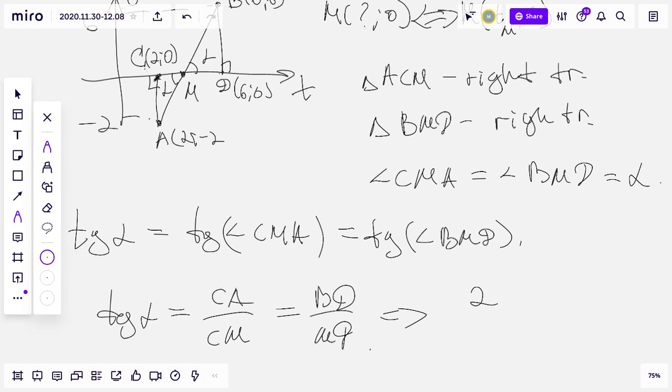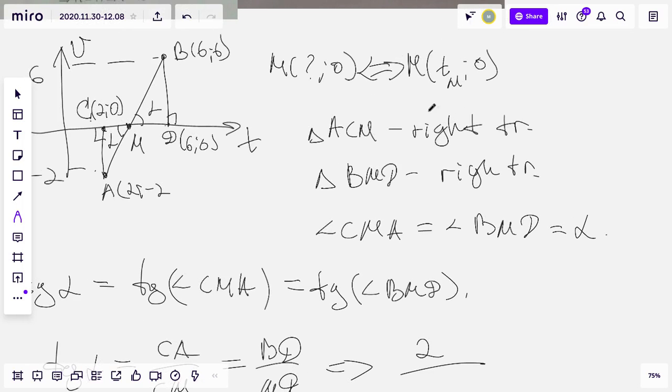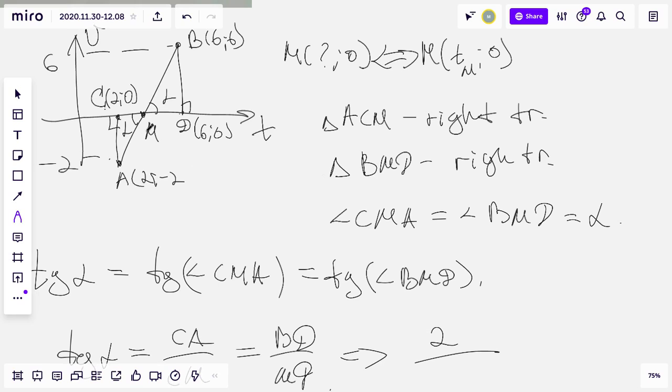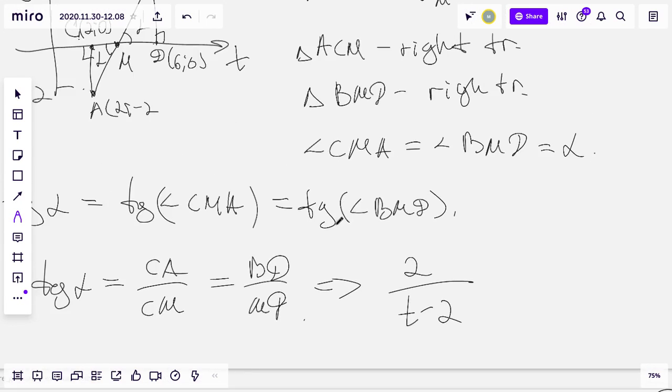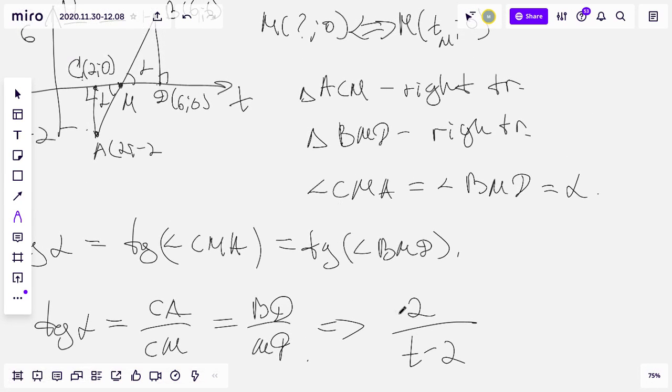CM equals 2 divided by CM, equal to time M, that is what we try to find, minus 2. Write it: 2 divided by time T minus 2.